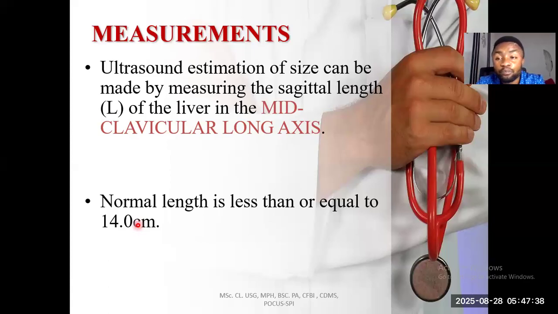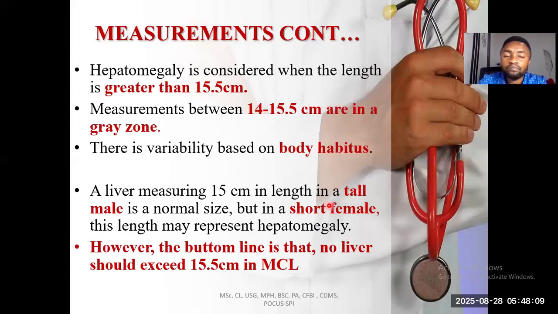If you go to Europe, those playing basketball, yes, they are very tall, 7 feet and so on. Those people, if they get 16 cm, it's not hepatomegaly. Do you understand? In Africa, especially Ghana, 15.5 is the upper limit that you should go, no matter how tall you are. So the body habitus is very important. You consider that.